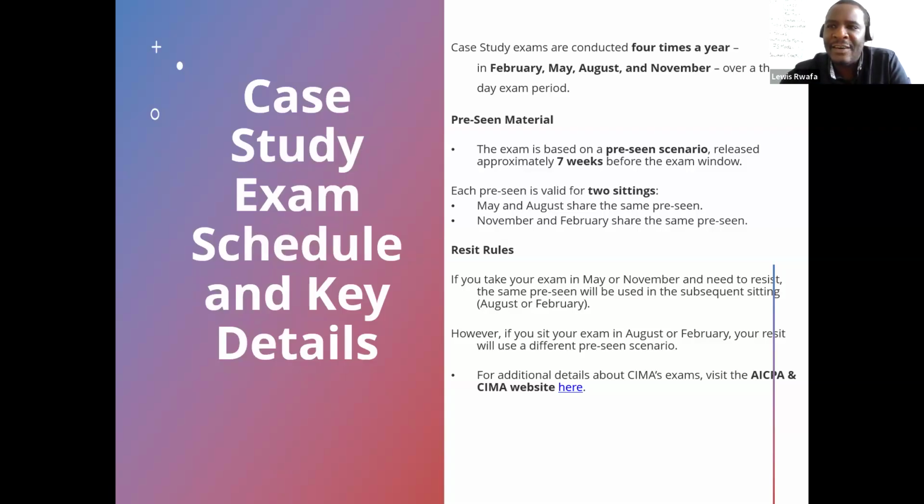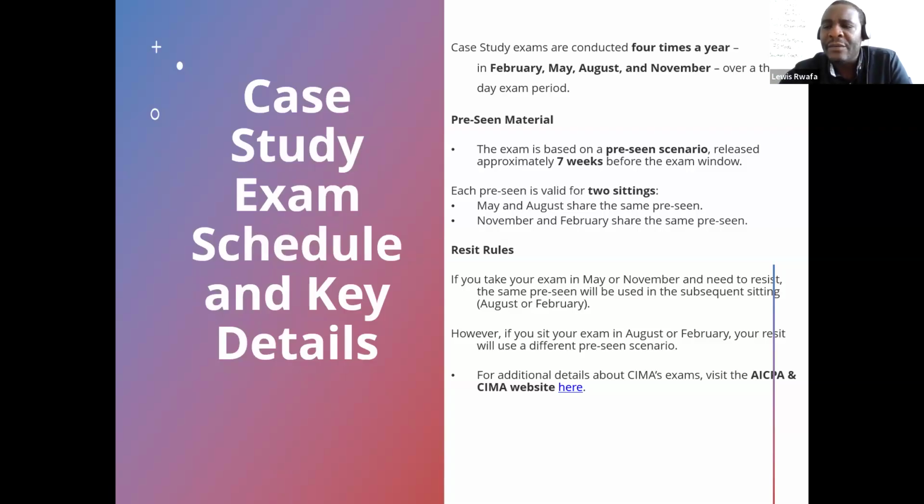Halfpenny, our bread manufacturing company, is the same material that was used in the May sitting, and it's the one that is going to be used in August. Thereafter, we are going to have a new pre-seen that is going to be used in November 2025 and February 2026.